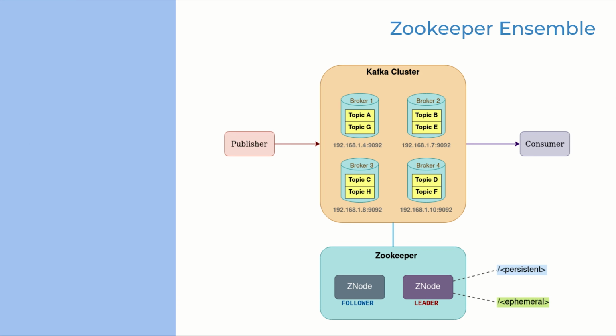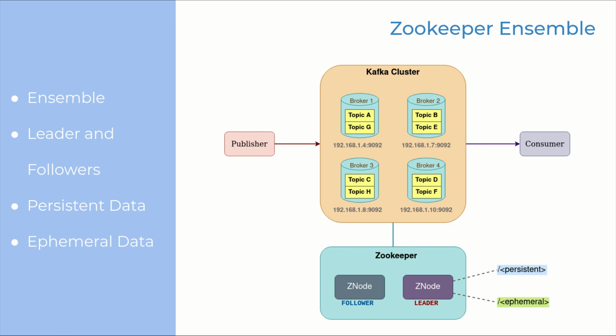Zookeeper is composed of a group of active Zookeeper servers, which is known as the ensemble. Same as Kafka, Zookeeper has a leader node and a set of follower nodes. And there is a distinct difference in data nodes, where persistent nodes keep the data even after a Zookeeper cluster restart, but ephemeral data will be retained only until the data creator stays alive.